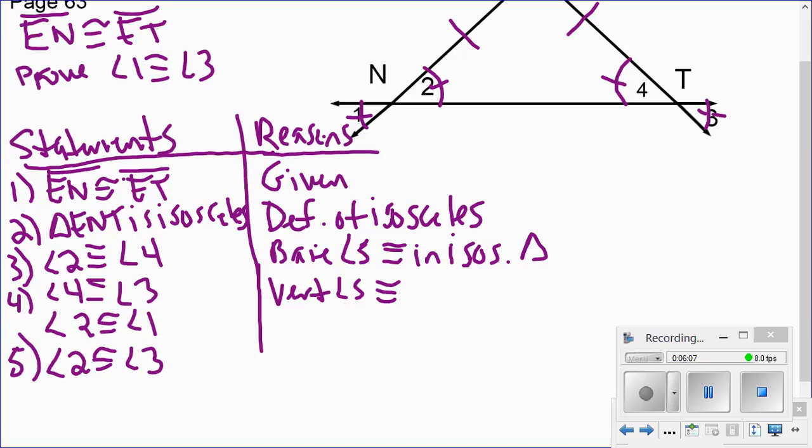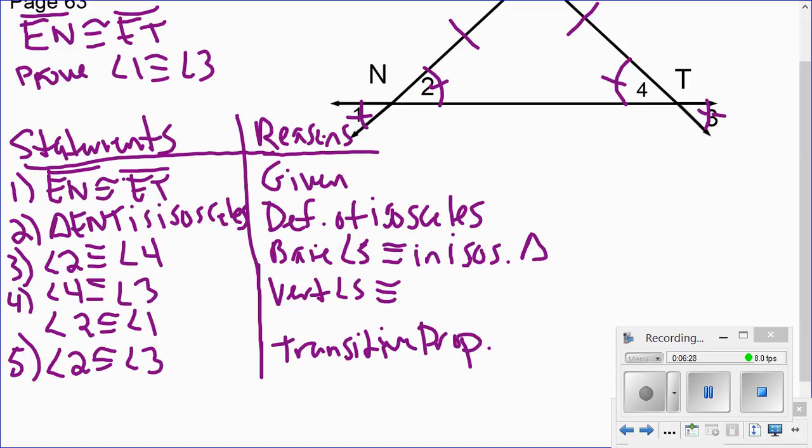Okay, that's generally how the transitive property is explained early on in math. So in this case with angles, if 2 is congruent to 4 and 4 is congruent to 3, that means 2 is congruent to 3, and we call that the transitive property.